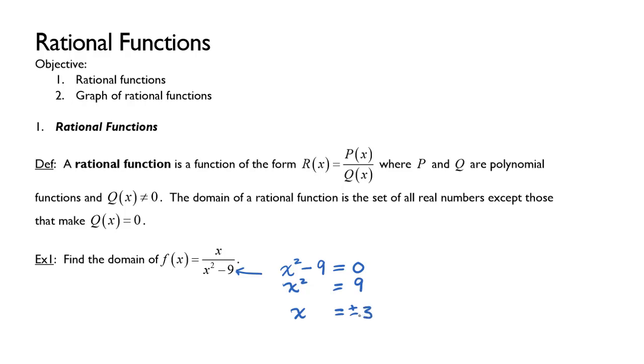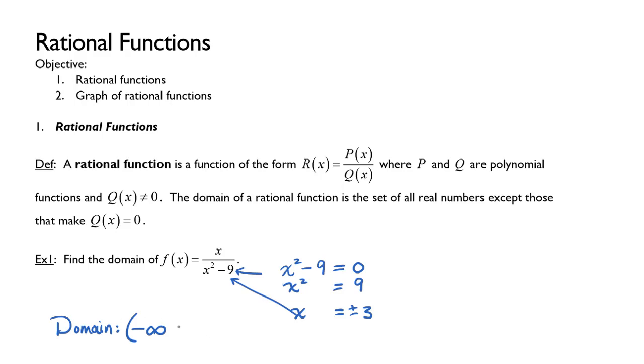When x equals plus or minus 3 in this rational function, you will get undefined outputs, or it won't exist at those two values. So we say that our domain is all real numbers except for plus or minus 3.